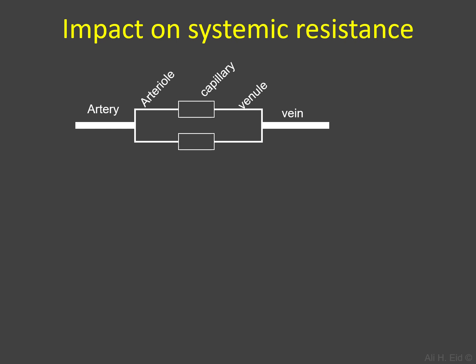How is this impacted on systemic resistance? This is an example of a vascular tree: an artery going to many arterioles, each of which goes into many capillaries, and capillaries then join back into a given venule, many venules into a given vein. We did not put the vena cava at the end or the aorta at the beginning, but this is basically the same concept. So the way we do this is we solve the capillaries, we get the equivalent, then we get the equivalent of the artery, capillary, and venule, so that becomes one R. Then we solve for this arteriole, capillaries, and venule, and make another R here.